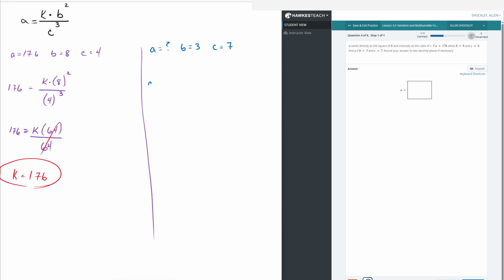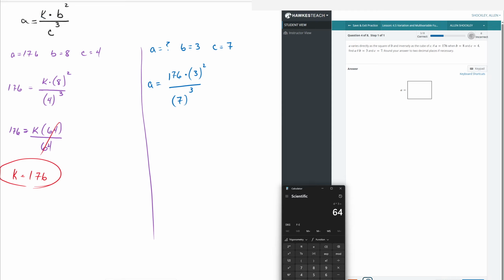So A equals my K value, which is 176, times my B value, which is 3 squared, over 7 to the third. 3 squared is 9 over 7 to the third, which is 343.